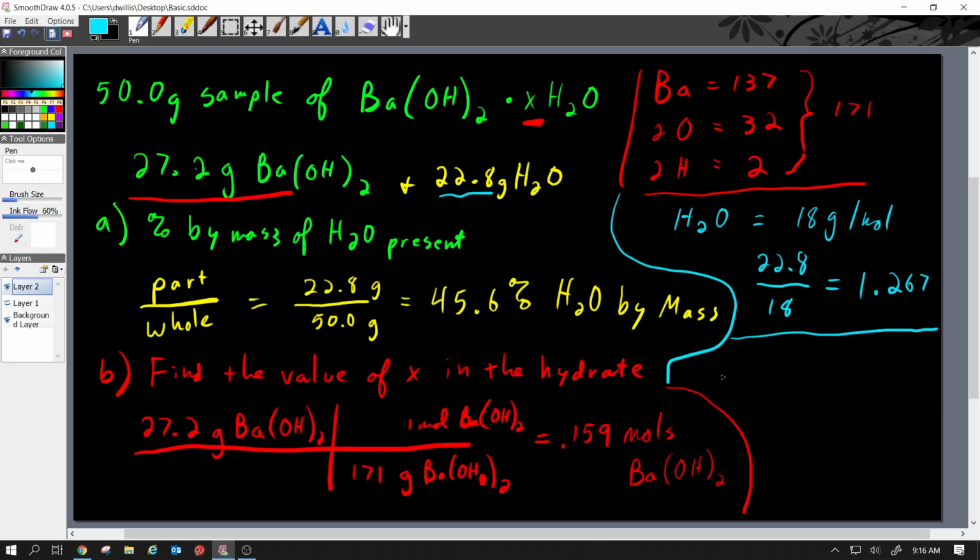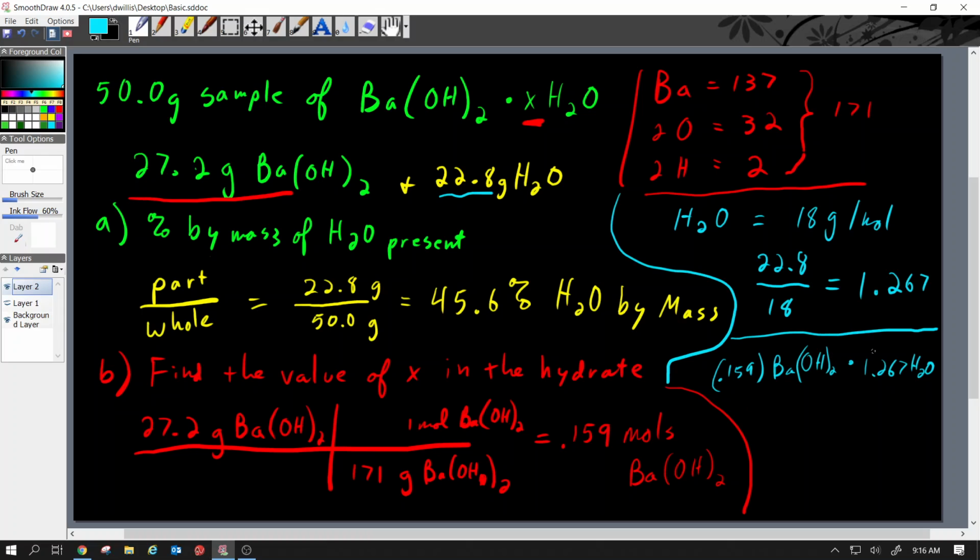Now I'm going to write this out again. If I have 0.159 units of barium hydroxide, then I have 1.267 water.